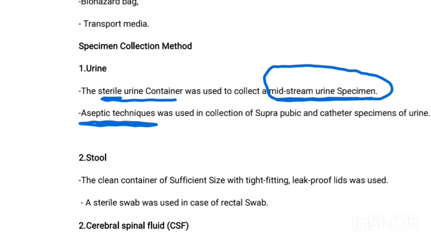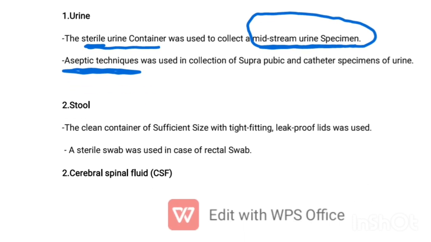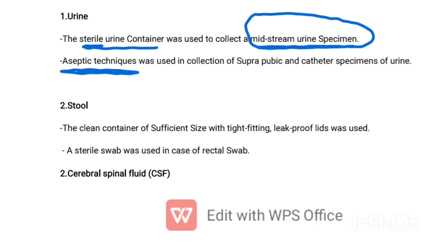That's what aseptic means. We go to stool. How can stool be collected? We also use a clean container of sufficient size with a very tight, leak-proof lid.